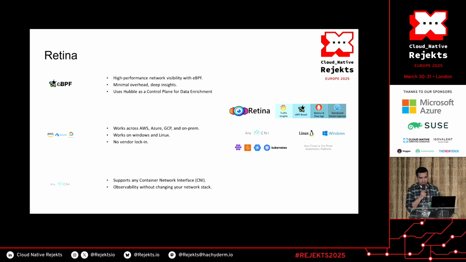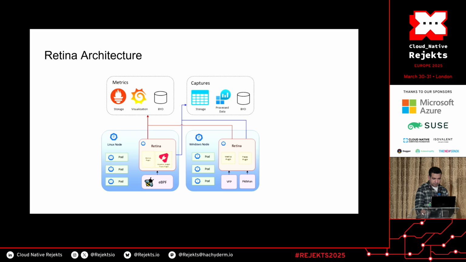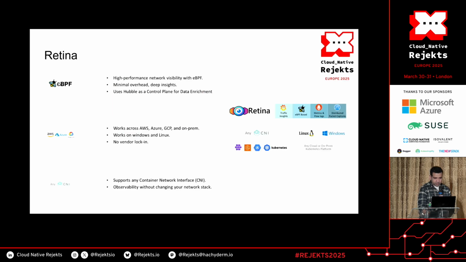That means it's around the kernel, high performance, minimum overhead. We also integrate with open source projects like, as I mentioned, mainly Hubble. And the other thing is it's platform agnostic.